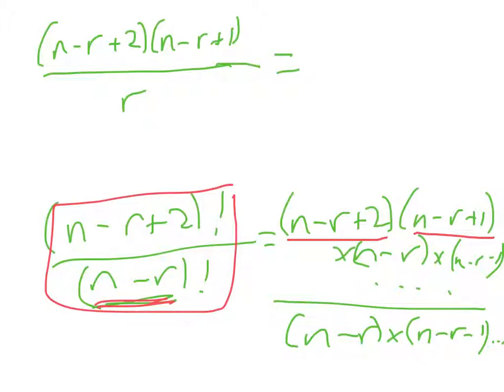Right, so going back to the main equation, I've done my n minus r simplifying, I've done my r simplifying, and then on the other side I've got just n plus 1 left. So now the next thing we're going to do is cross multiply here.